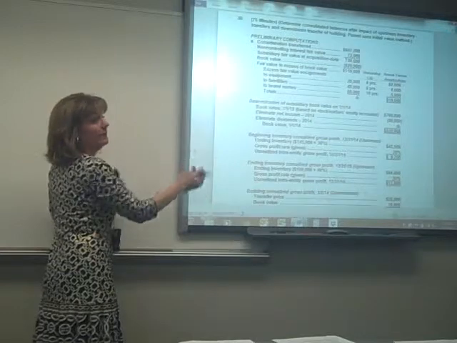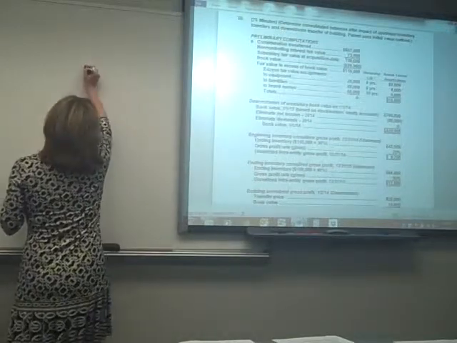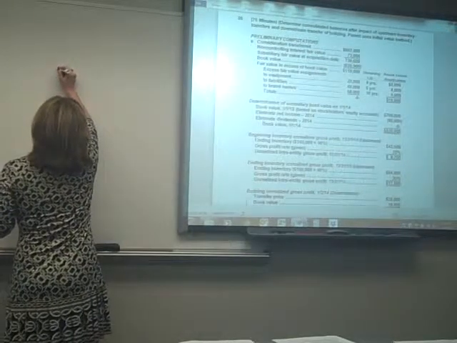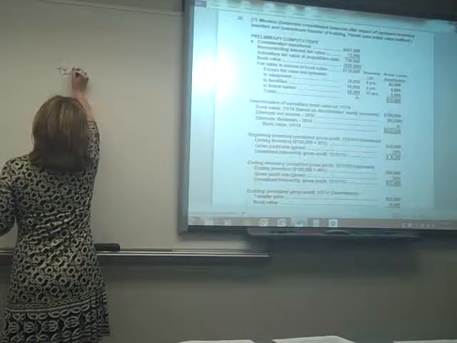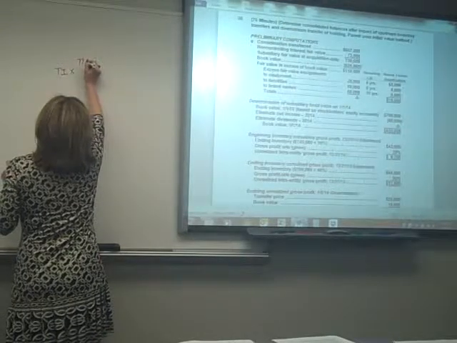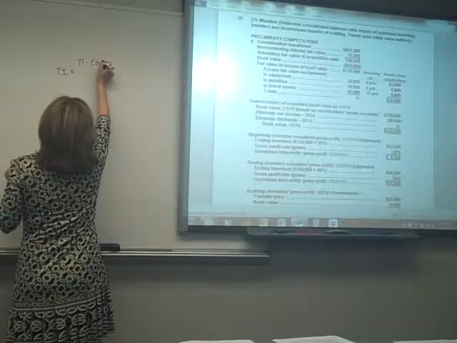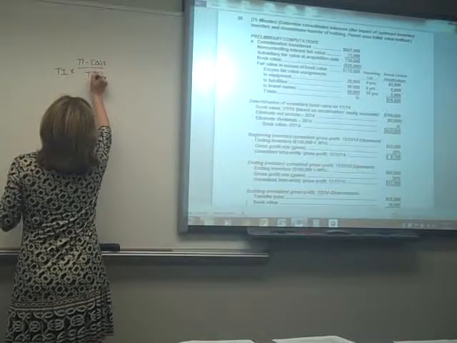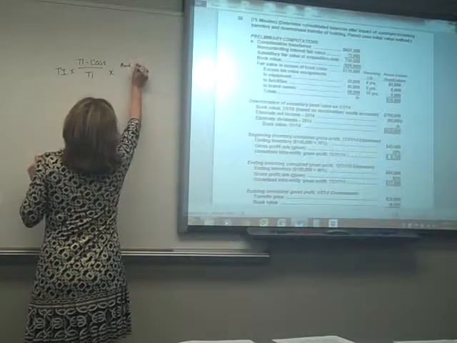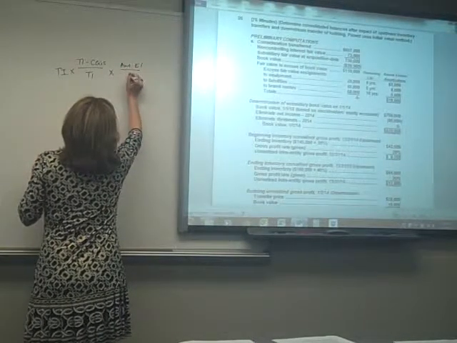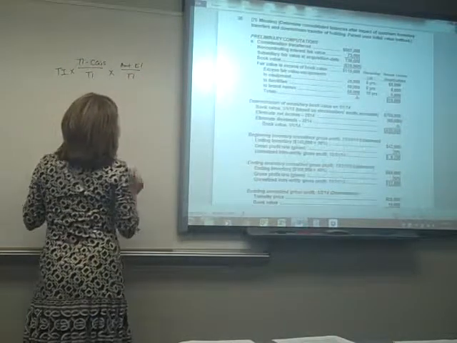I needed both. Okay, so then what we have, remember, is the transfers of inventory times transfers of inventory minus the cost of goods sold of those, divided by transfers of inventory, times the amount in ending inventory divided by transfers of inventory.